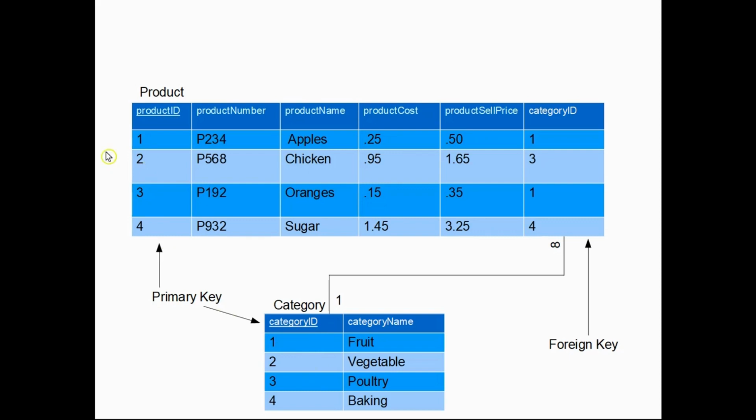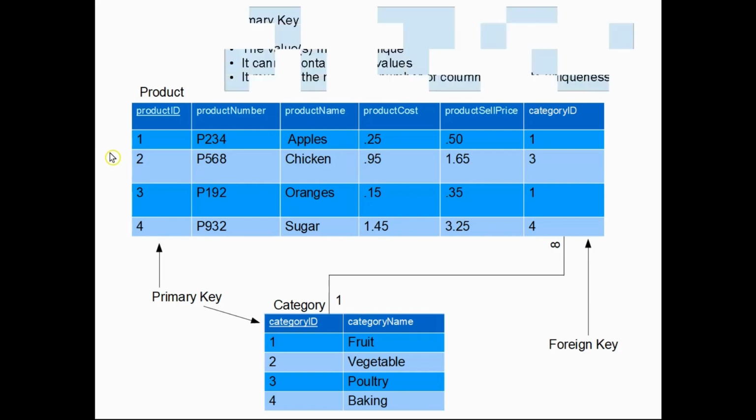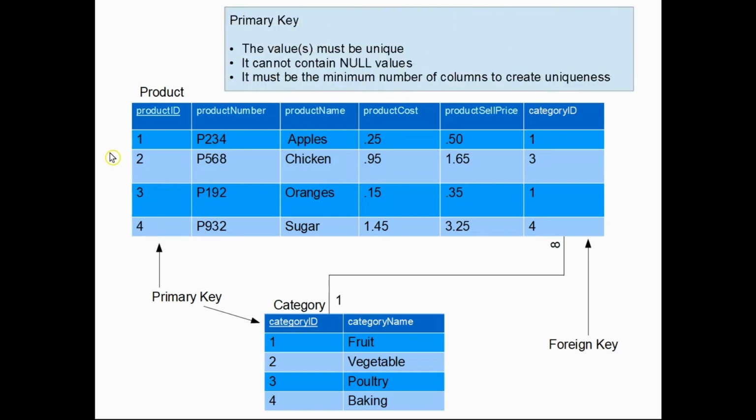That indicates a primary key. Every table that you create will have a primary key, and a primary key has three characteristics. The values must be unique. So all these values, no matter how many rows you have, have to be unique. In other words, they cannot repeat. I can never have another row in the product table that has a product ID of 2, because I've already used it.